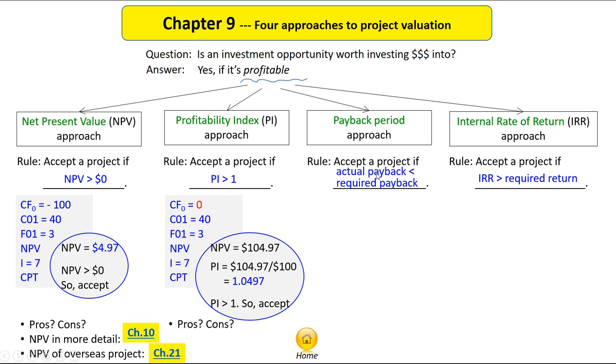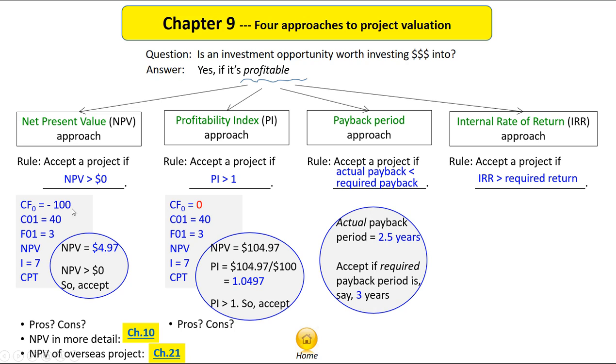Next, payback period approach. In our example, in which you invest 100 and earn $40 for the next 3 years, if you do the math, after 2.5 years, you earn exactly $100. And that's our actual payback period, 2.5 years.